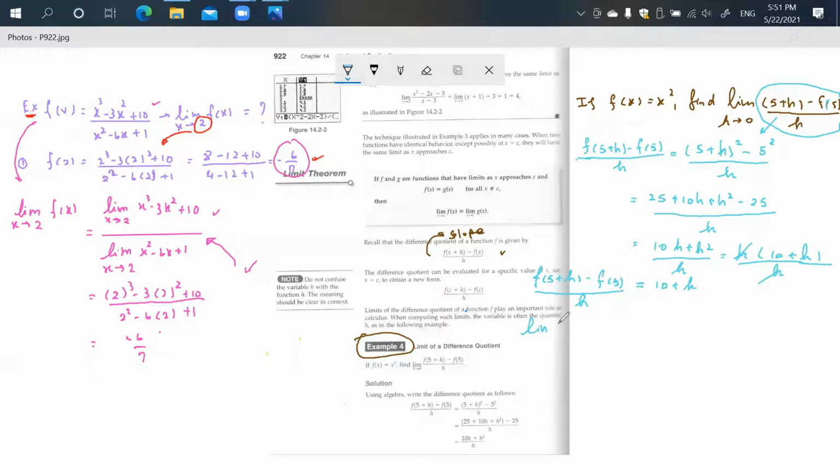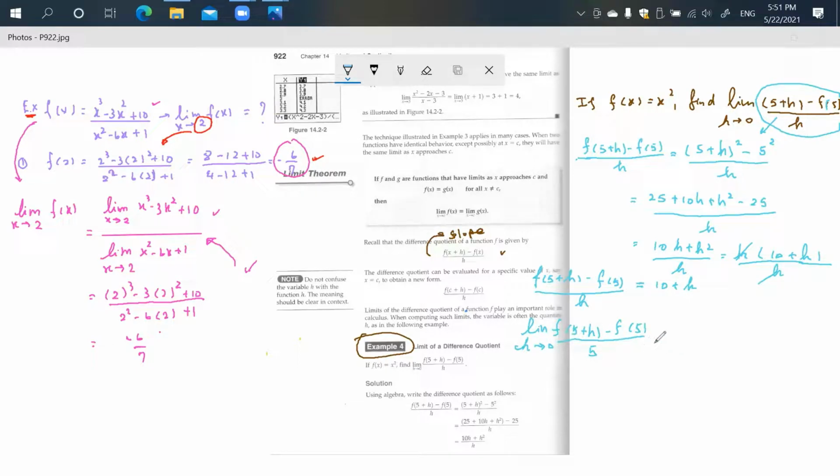So we take the limit of f of 5 plus h minus f of 5, now h, not x, h approaches 0, over h.